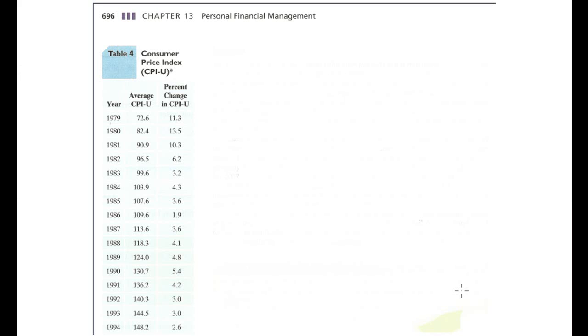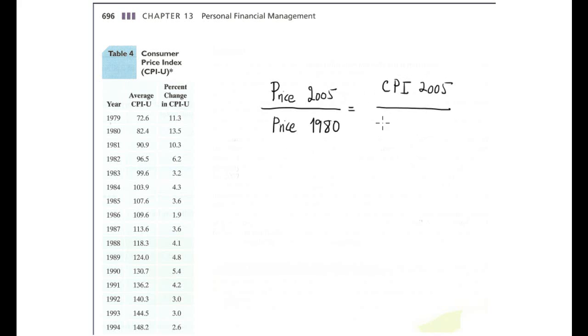Okay. Let's say one more time. Let's see the problem. You're using the formula: price in 2005 over price in 1980 is equal to CPI in 2005 over CPI in 1980.